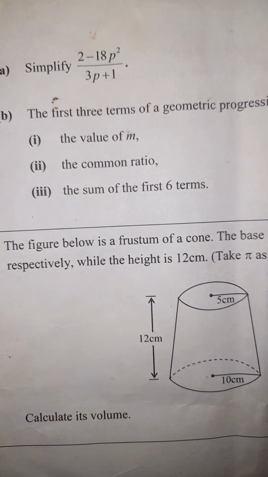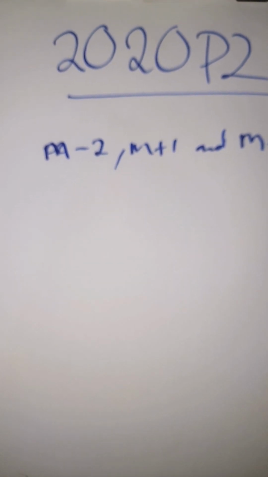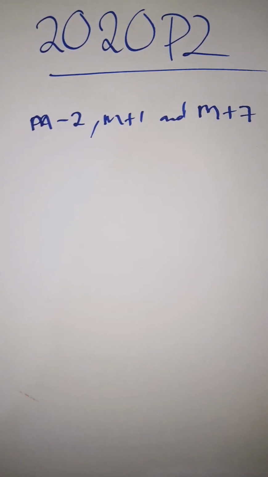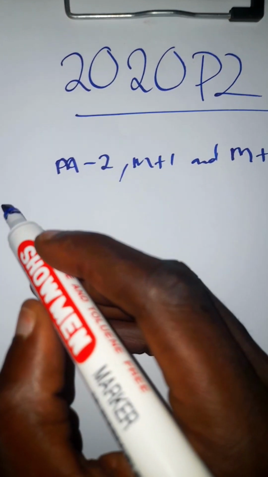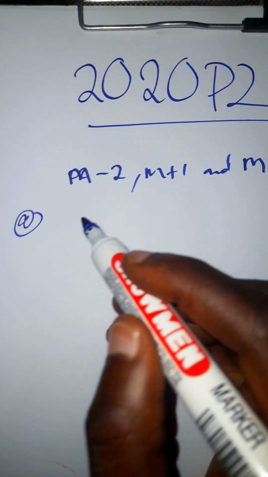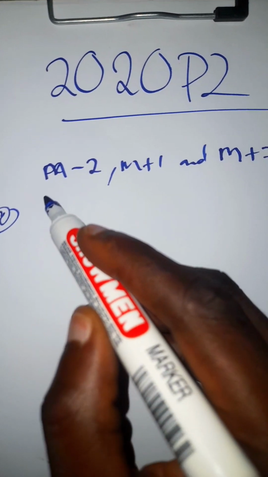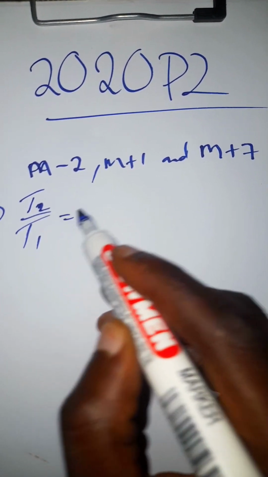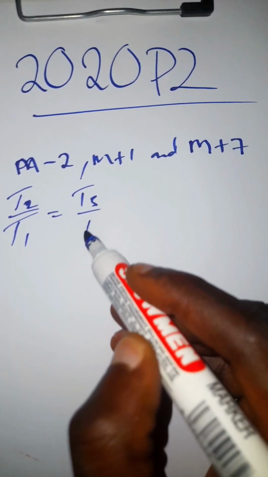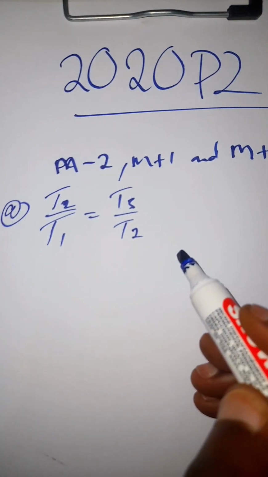The first question is to find the value of m, for 3 marks. To find the value of m, we are going to use the property for calculating the common ratio: T2 over T1 is equal to T3 over T2.